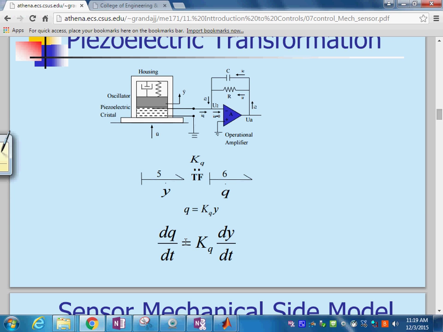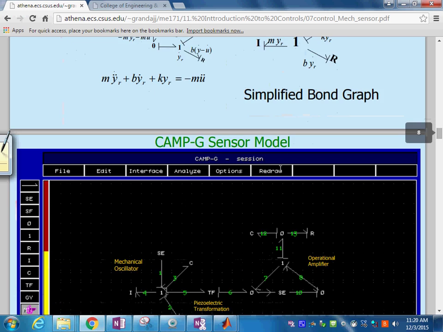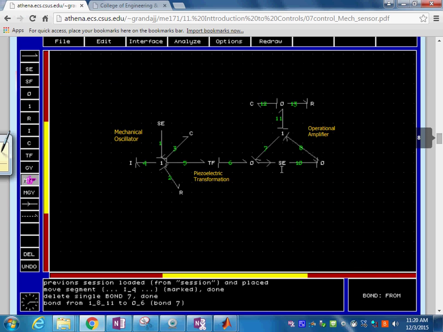And finally, the other thing was the mechanical side will produce in short a bond graph model like this, but we can reduce it to one like this, see? Because these are through power. And then you can put it together like this. This is in fact how it should look.